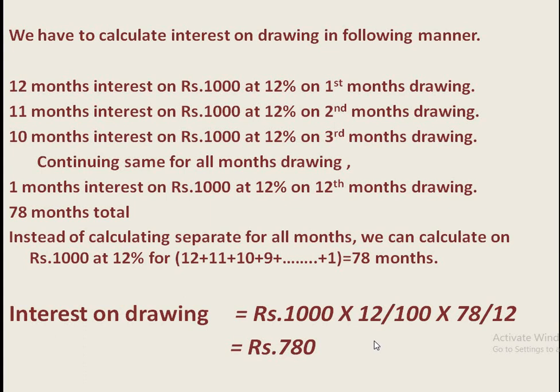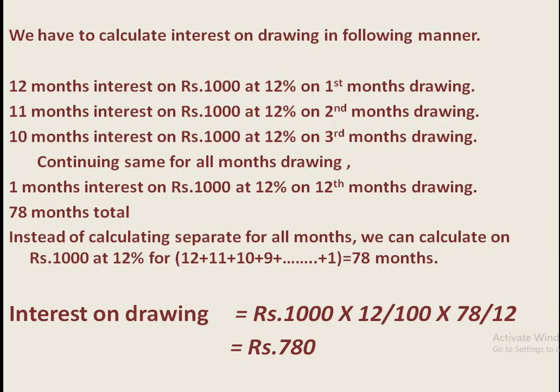Okay friends, what was different here? Here the partner was withdrawing the amount in a very specific manner. A total of 12,000 was drawn during the year, but that 12,000 was not withdrawn on one specific date. In 12,000, every month he made a drawing of 1,000.